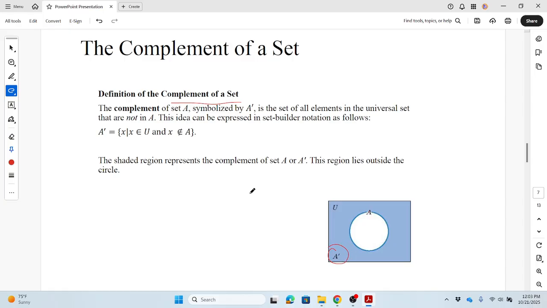So for example, let's say our universal set is all natural numbers, and A is just 1, 2, 3, 4, 5. Then what do you have left over from all the natural numbers? A prime, that is the natural numbers starting from 6 and going on, everything left over. That's the complement.